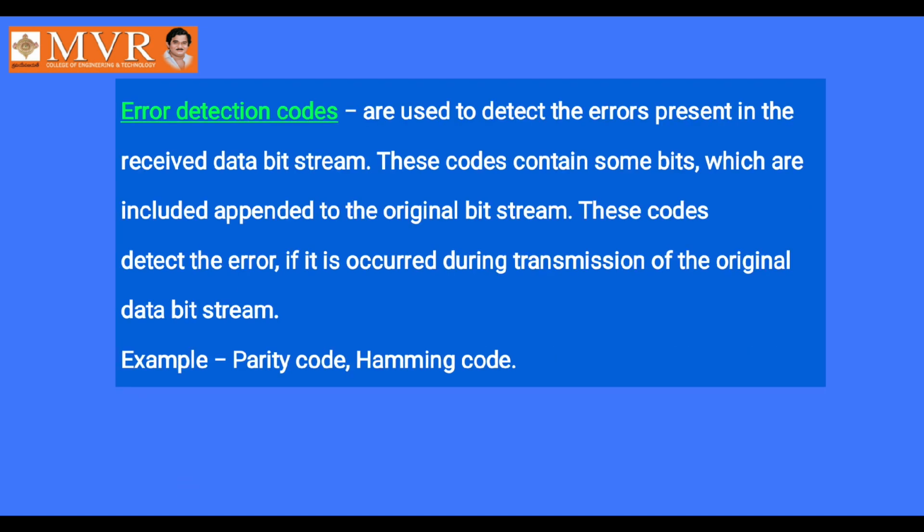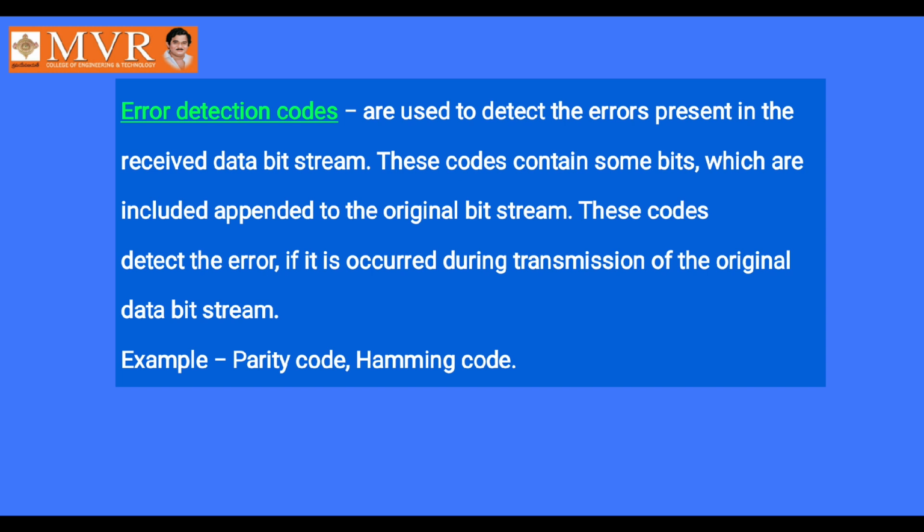How it is going to happen and what is the logic behind this error detection code, we will go through in detail here. As we have discussed, error detection codes are used to detect the errors present in the received data stream. These codes contain some bits which are appended to the original bits.